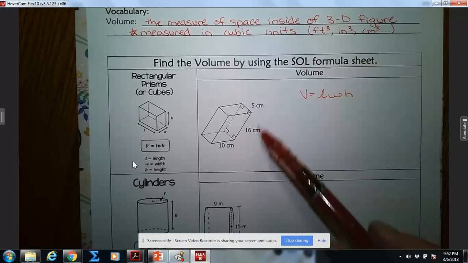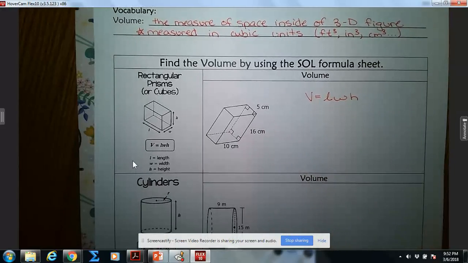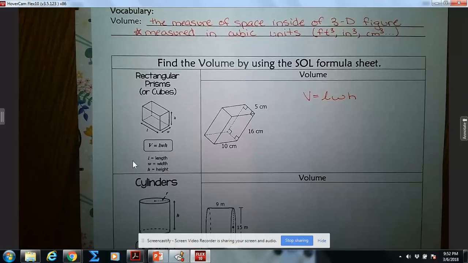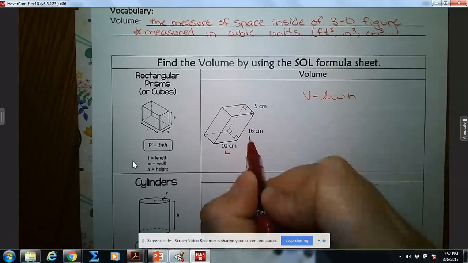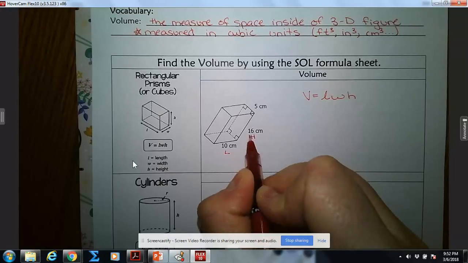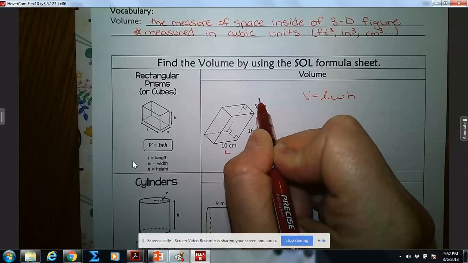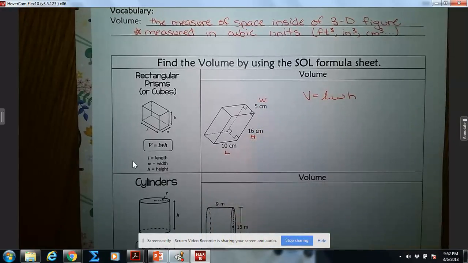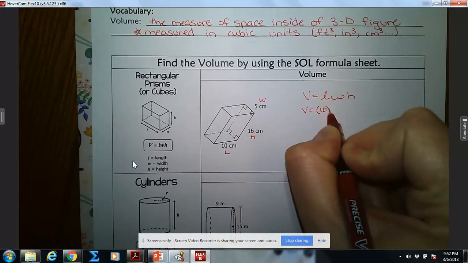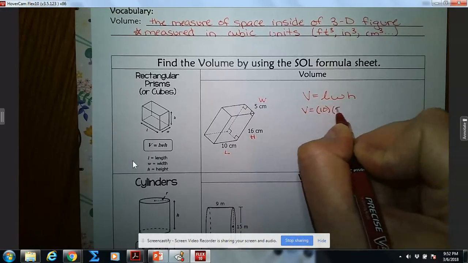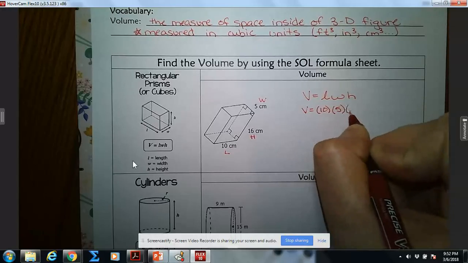So you need to look at the figure and pick out what you think the length, the width, and the height are. I'm going to label 10 as the length, 16 as the height, and 5 as the width. So when I put it into my volume formula, I've got 10 times 5 times 16.